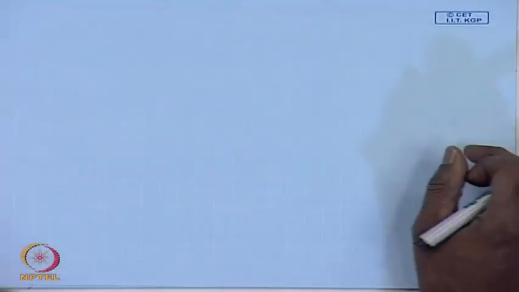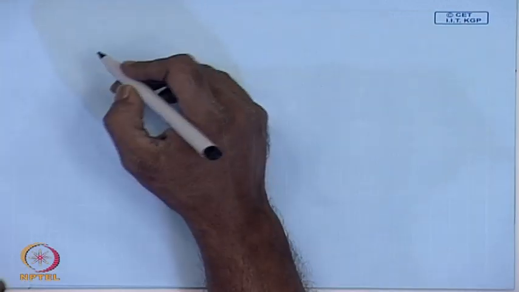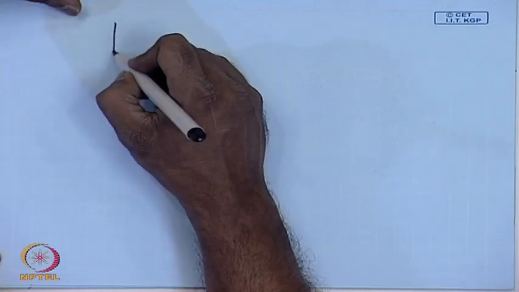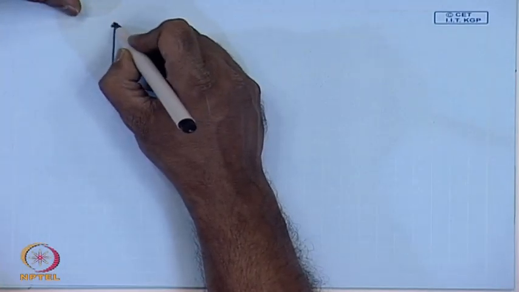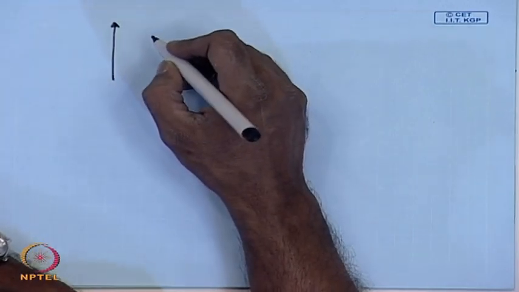So, let us first draw the currents on the primary side, that is the HV side. So, this is, let us say, the phase current I A, which is same as the line current.